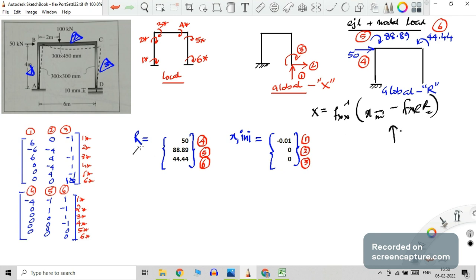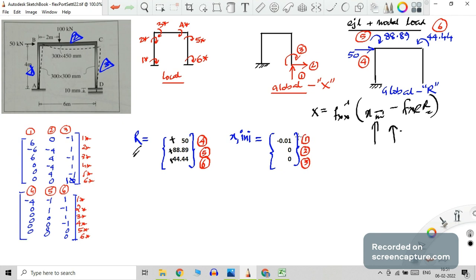So r is available. Coordinates number 4, 5, 6. It is as per EJL. EJL direction itself is taken as the coordinate direction. So every element is positive, positive, positive. Now we need x in E here. So x in E directly, because at coordinate number 1, you have a 10 mm settlement in the opposite direction.